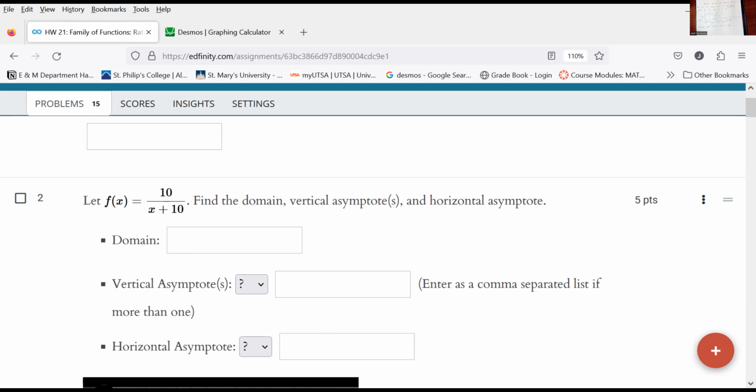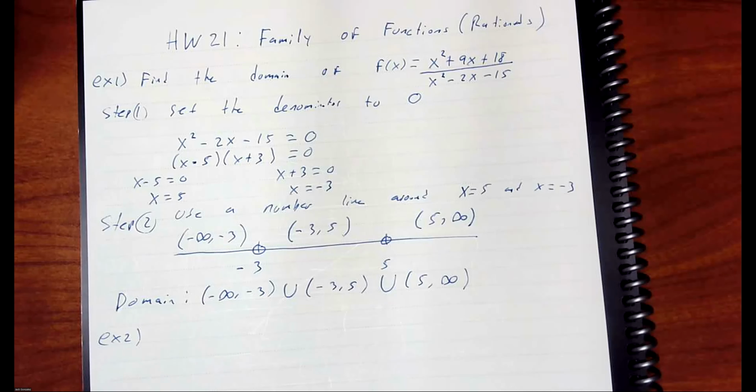Let me find the notes just to give them to you. Here it is. I'm just gonna send them to you, save you some writing.